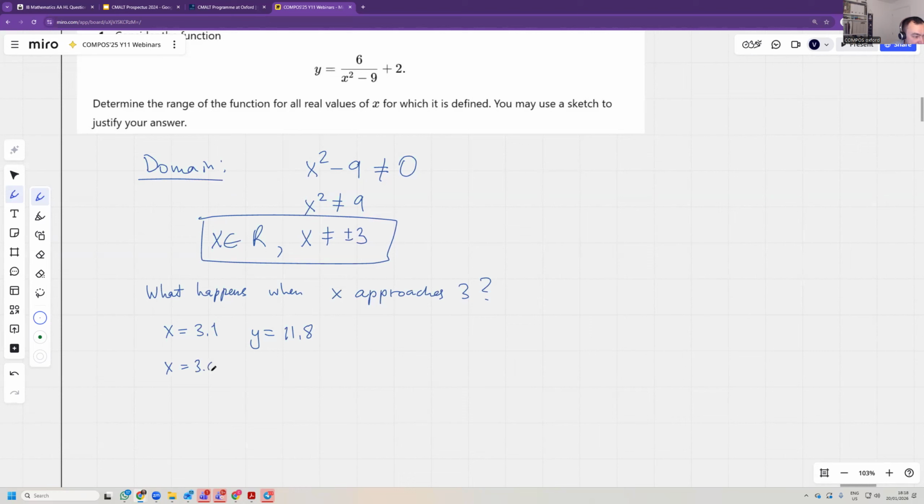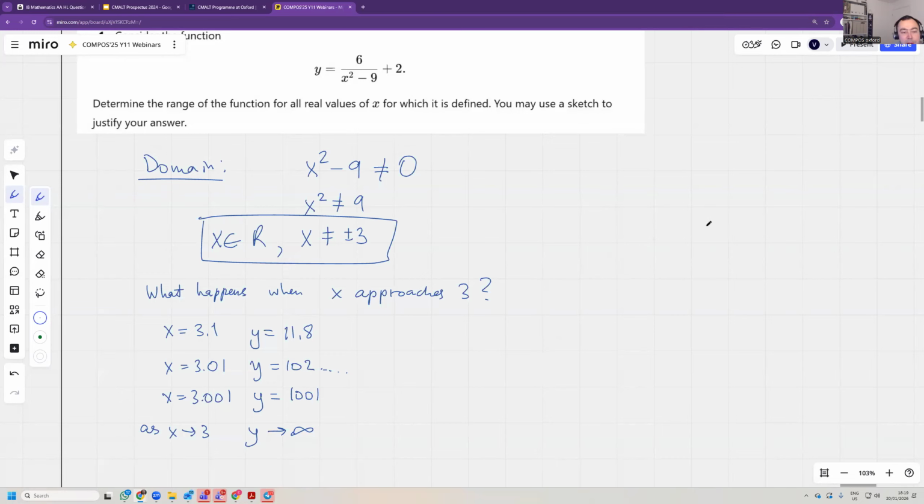If x is 3.01, then y is 102 something. If x is 3.001, so we're getting closer and closer to 3, y is 1001. So you can see as x approaches 3, y approaches infinity.